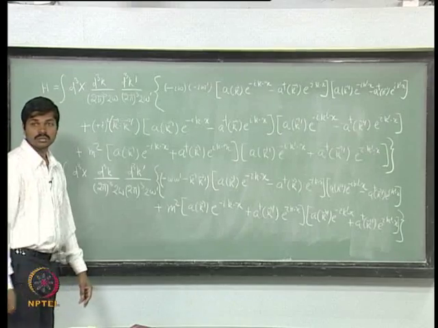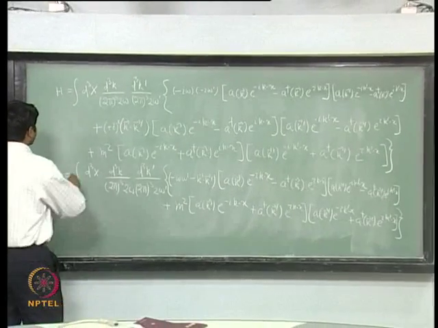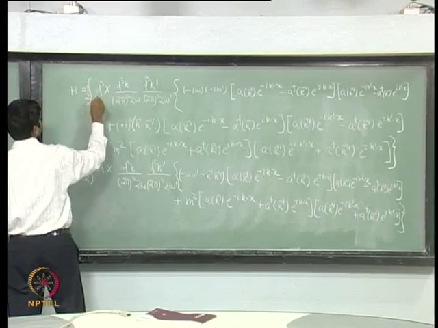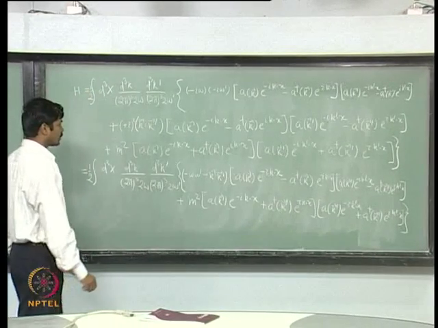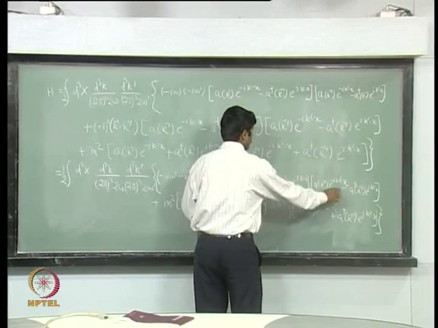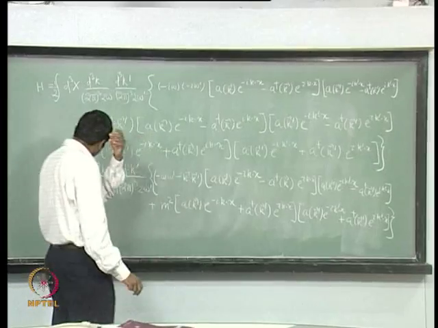Now, there is an overall factor of half. So, similarly here I will have a half. So, now I will multiply this term out and then I will simplify.